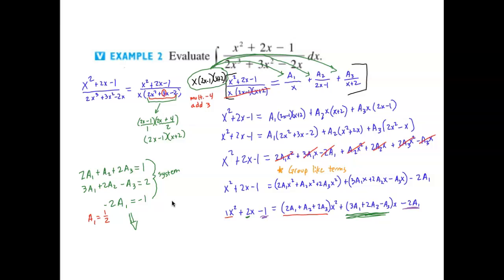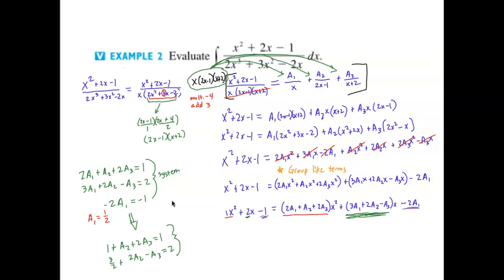So plugging that into the top one, that would give me 1 plus a2 plus 2a3 equals 1. And then in the bottom half, that would give me 3/2 plus 2a2 minus a3 equals 2. All right, so I need to clean these up a little bit.